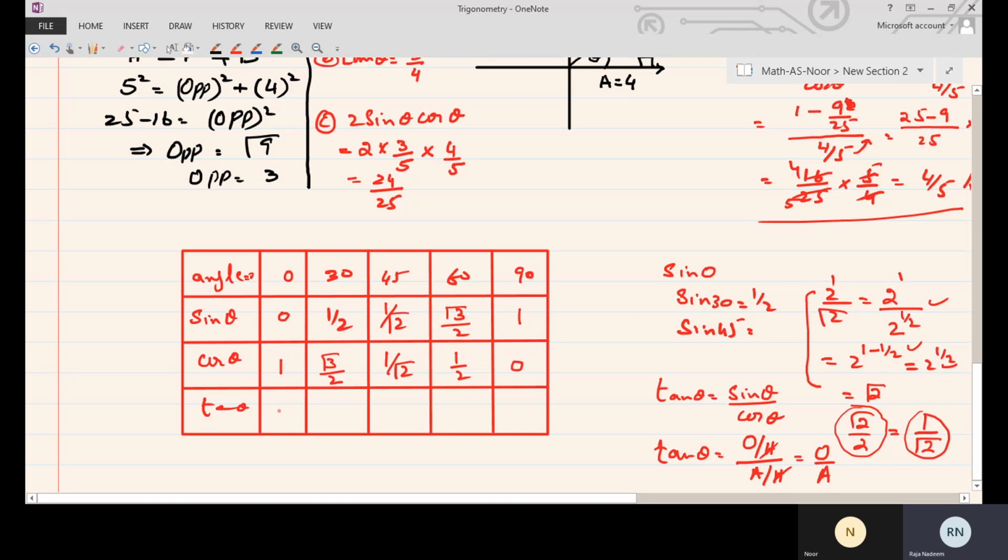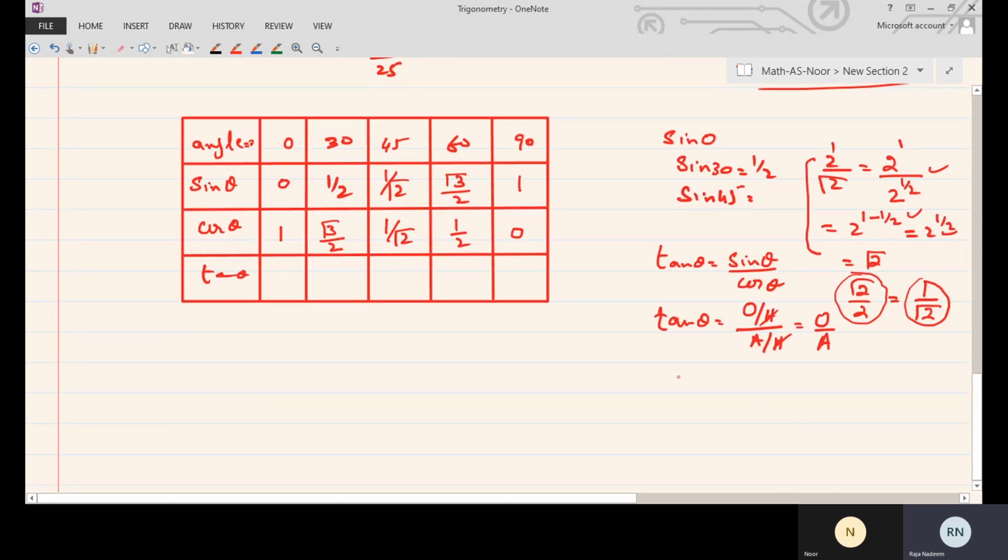Okay, so if we are finding tan of 0, we can think that tan 0 is equal to sine 0 over cos of 0. So from the table, sine 0 is 0 and cos 0 is 1. So finally tan 0 will give you 0 answer.